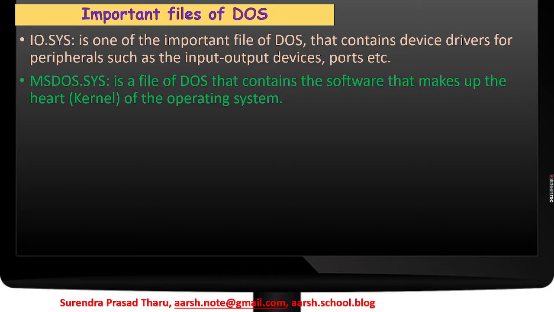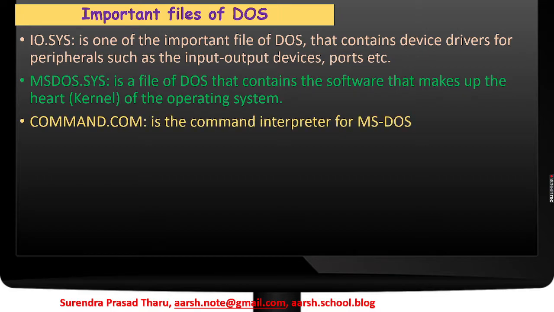It helps to create the command, so that command.com will circulate the instructions to that particular hardware and accept the data. Another file is command.com. These are the three basic files that are loaded when you turn on the computer through DOS. These three files are compulsory, so they are known as the prime or internal commands as well.